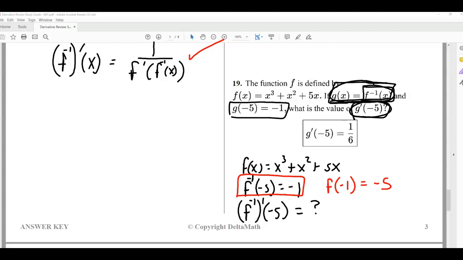So from there, I think we're good to go ahead and find our answer. We're looking for f inverse prime of -5. So I'm going to plug in my -5.